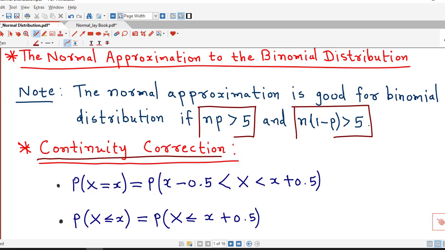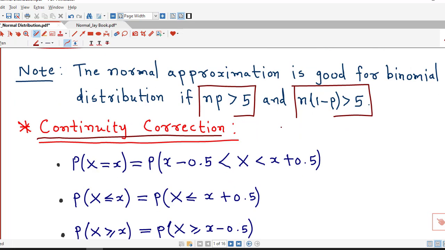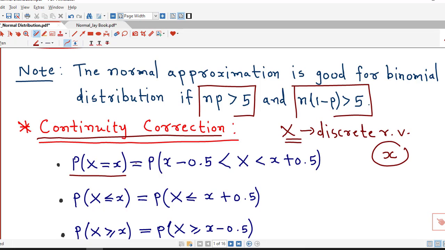If capital X is a binomial random variable, then X is a discrete random variable, and if small x is the value of this discrete random variable capital X, then the probability that capital X equals small x can be converted into the area under the normal curve between x minus 0.5 and x plus 0.5. So we will remember this continuity correction.